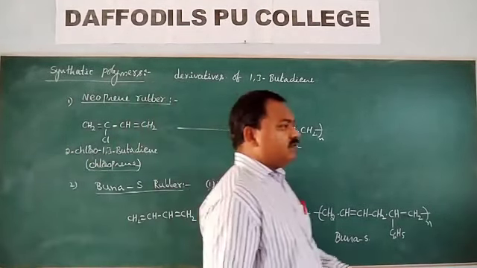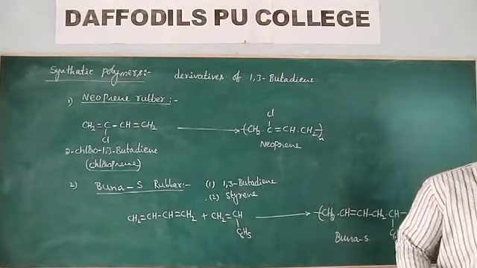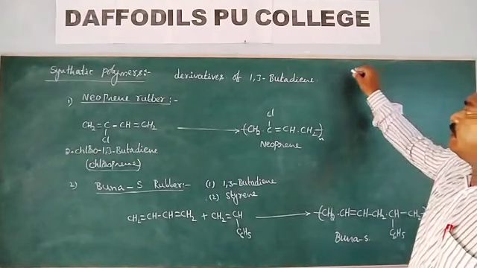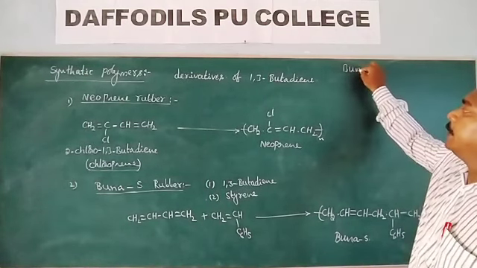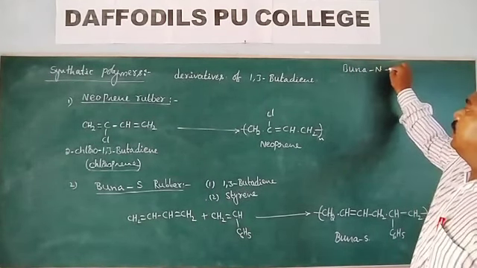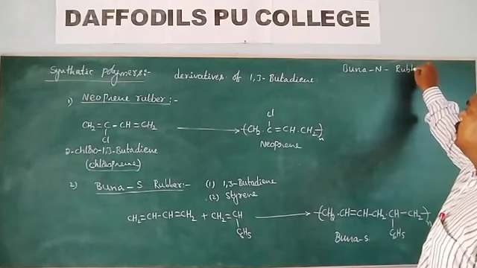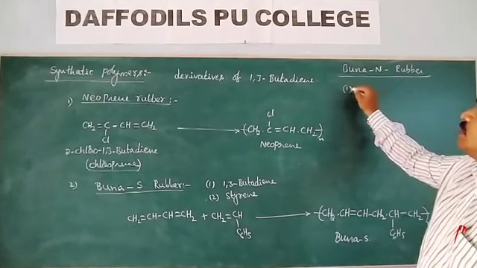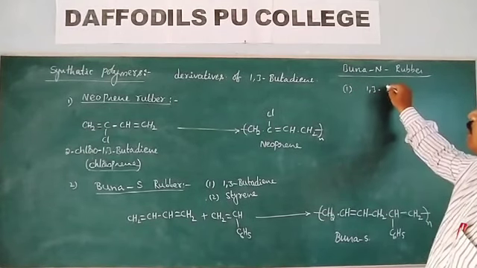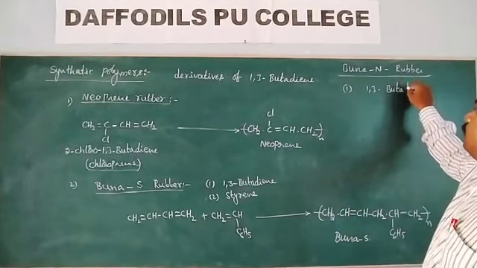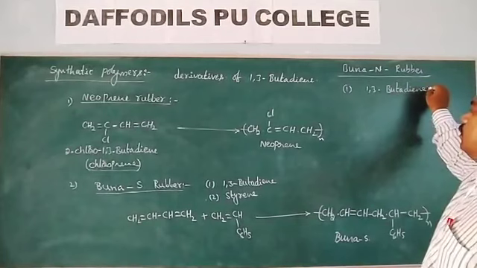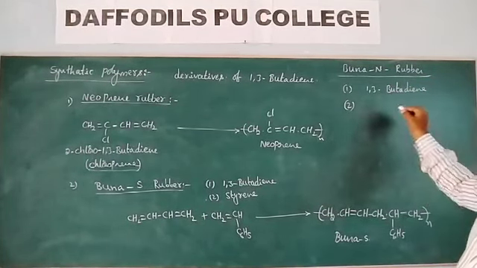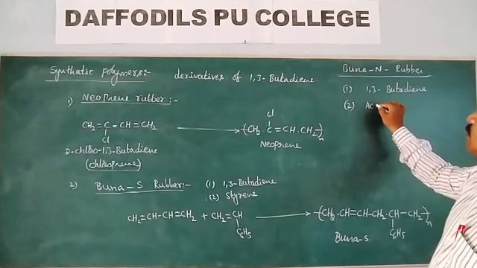Next, another example of synthetic rubber is Buna N rubber. In this Buna N rubber, the monomeric units are 1,3 butadiene, and the second monomeric unit is acrylonitrile.